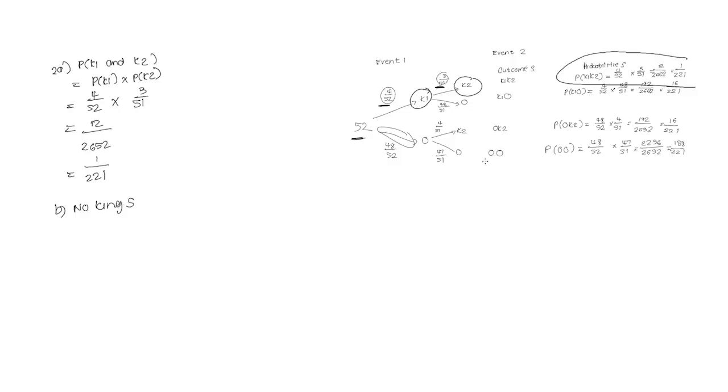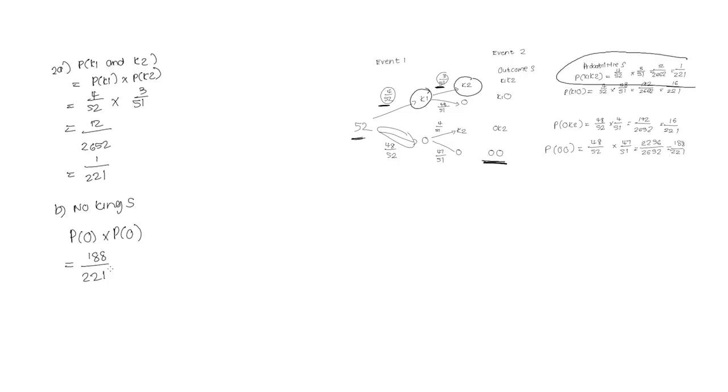And this is indicated by this outcome over here. We multiply the results because we are determining the probability of two independent events. And we obtain a final answer of 188 over 221.